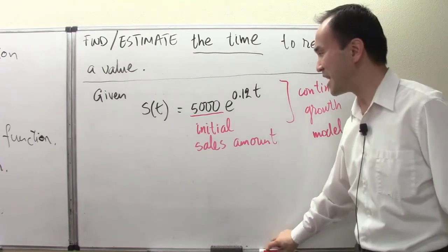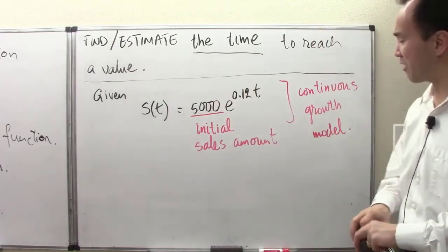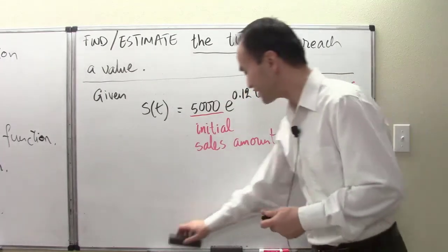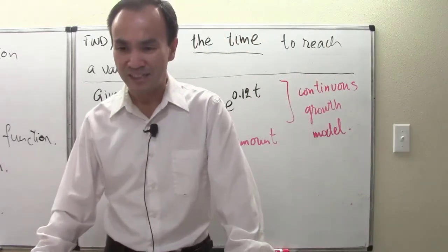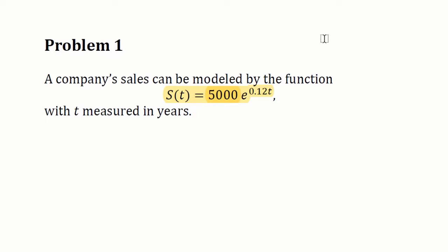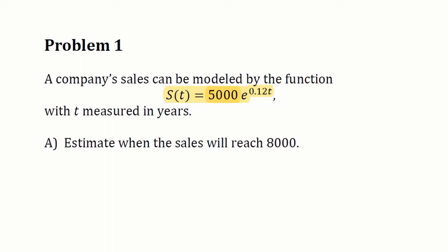All right, but now to get into the actual problem. After making some notes about the problem, and we know that it's a growth problem, now let's look into the actual question of the problem. Part A here indicates that after this question there will be another one.